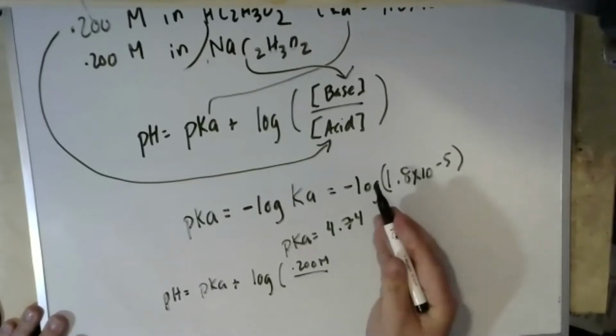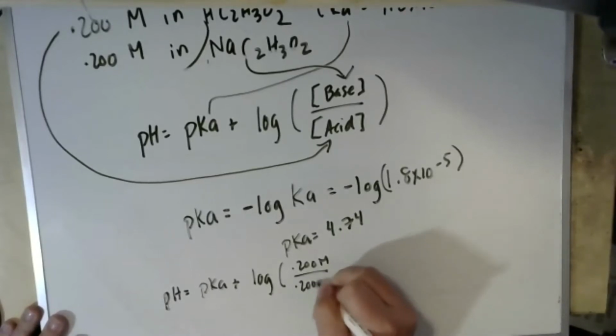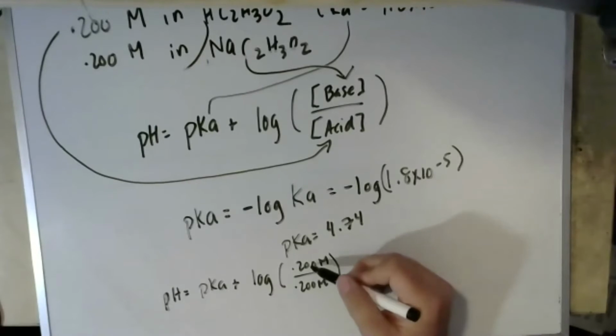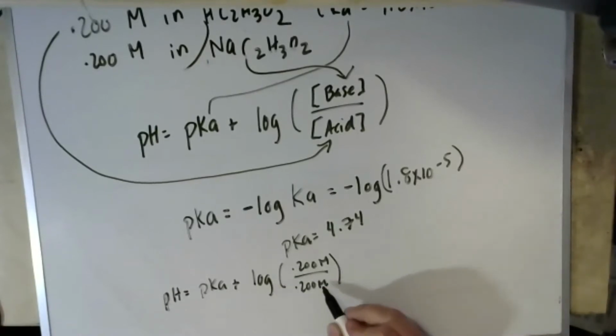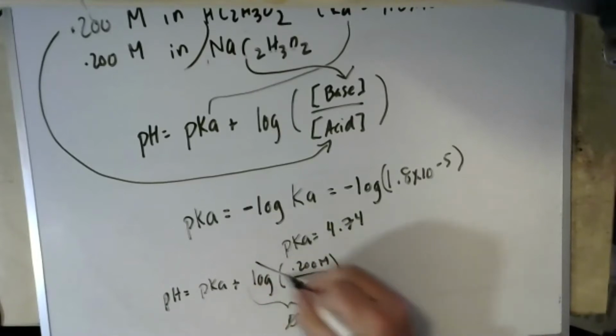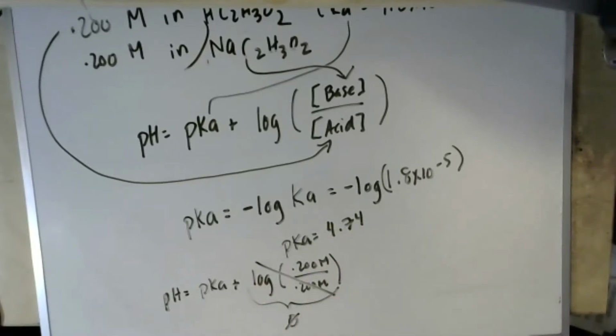My acid concentration is also 0.200 molar. So 0.2 divided by 0.2 is going to be 1. The log of 1 is going to be 0. So this whole expression is going to cancel out in this case.